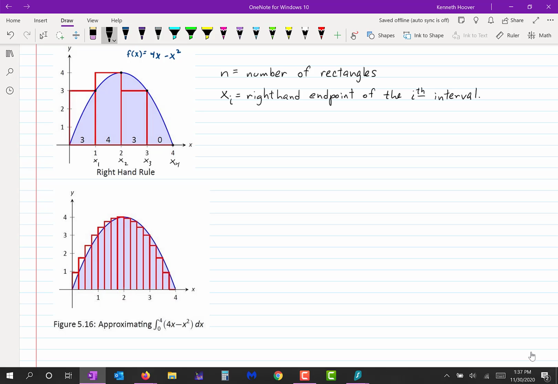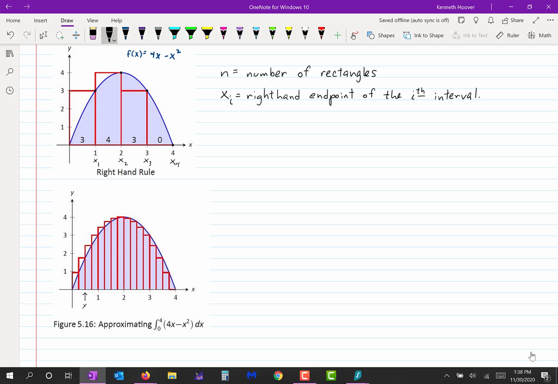Let's look at the bottom picture. Here's x1 right here. What number would that be? Well, the whole picture goes from 0 to 4, and we've divided that up into 16 intervals. So when you take 4 and divide it up into 16 pieces, how long is each piece? 4 divided by 16 is 1/4. So x1 would be 1/4.